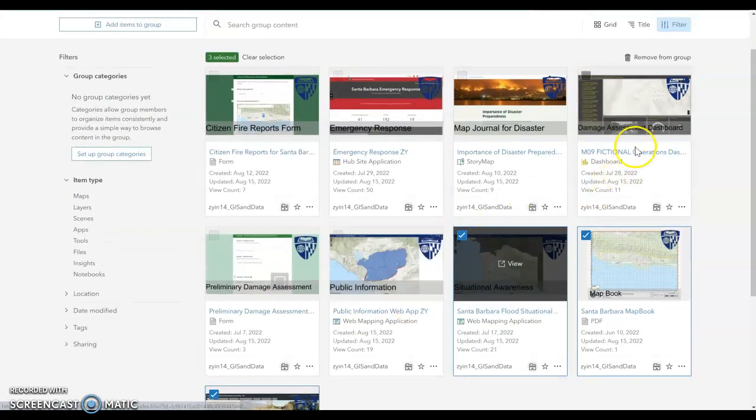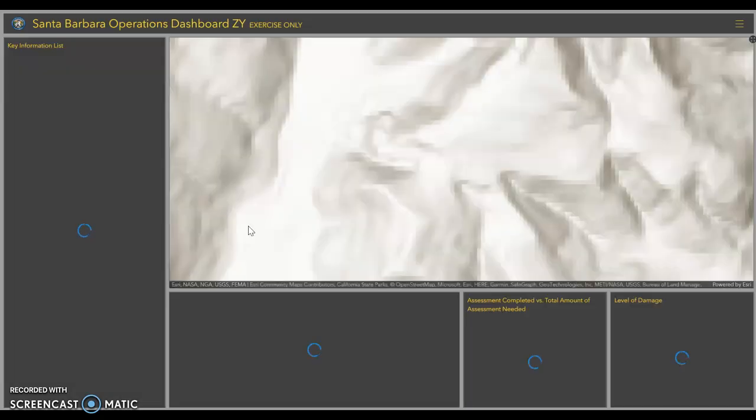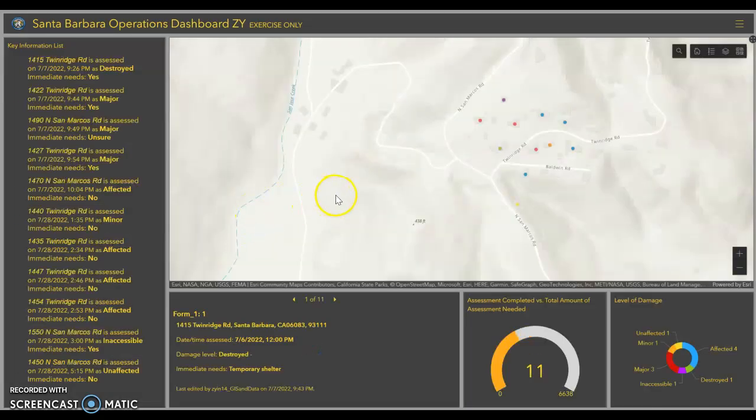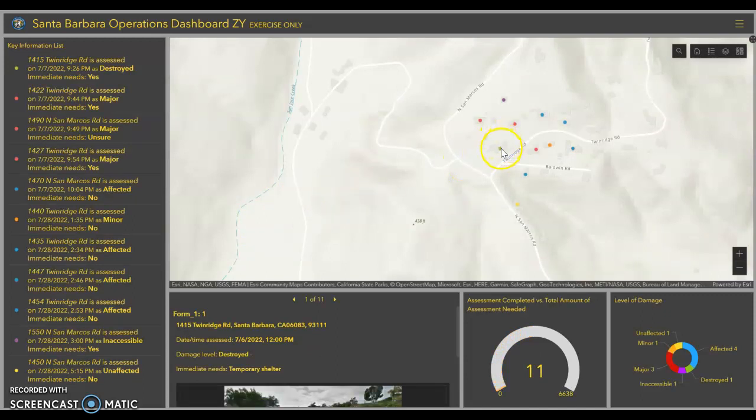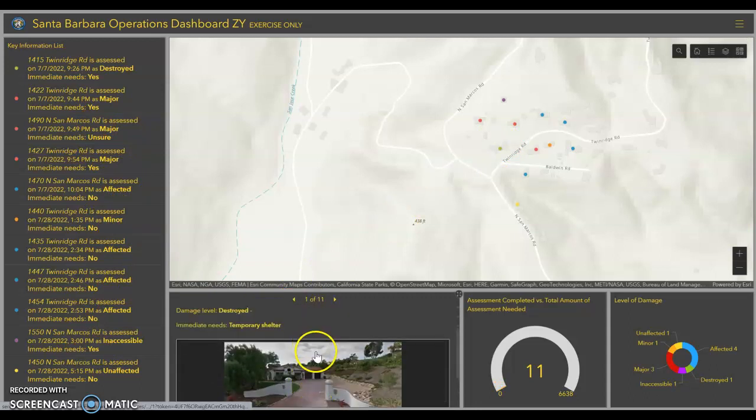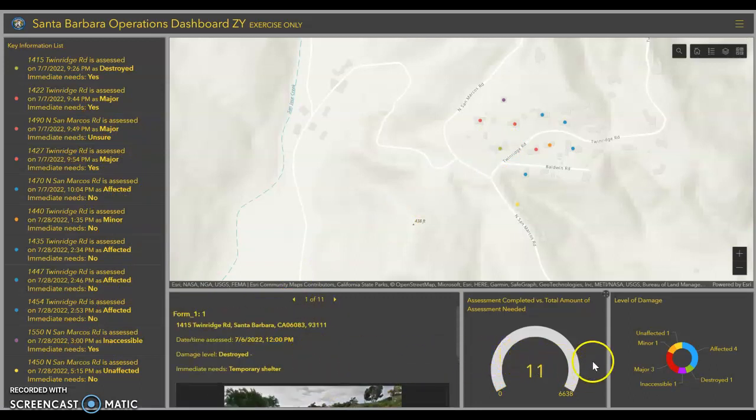Then we see the damage assessment dashboard. It shows all the results collected from the emergency responders using the survey we just talked about. It shows where the assessments were done, the picture if possible, how many assessments are completed and how many more we need to do.